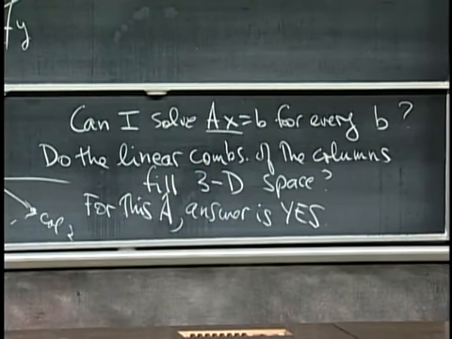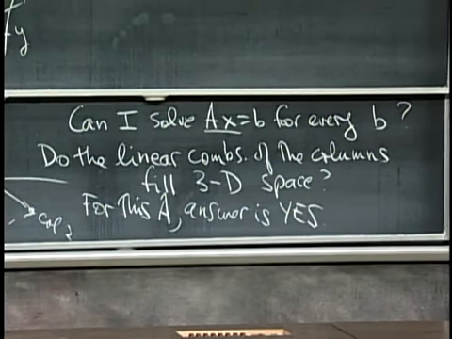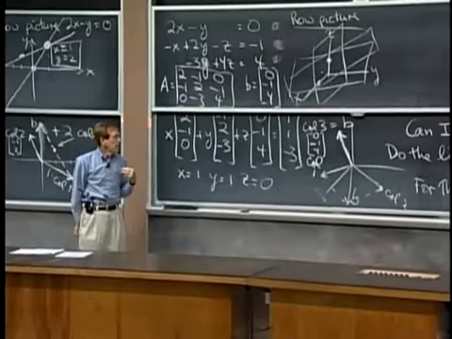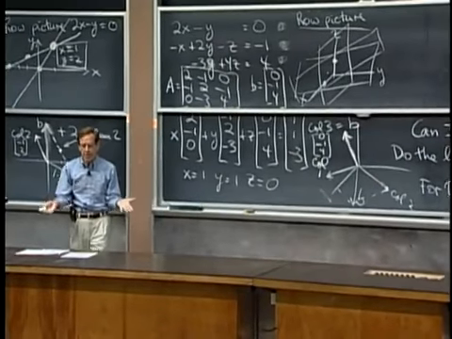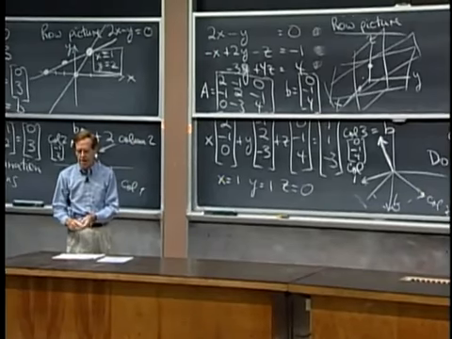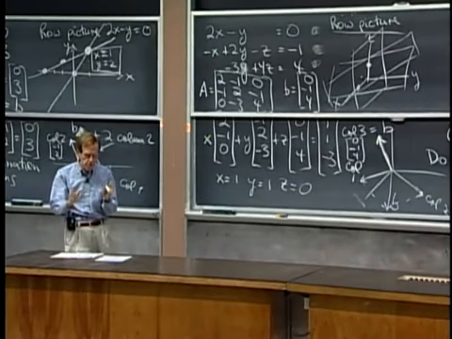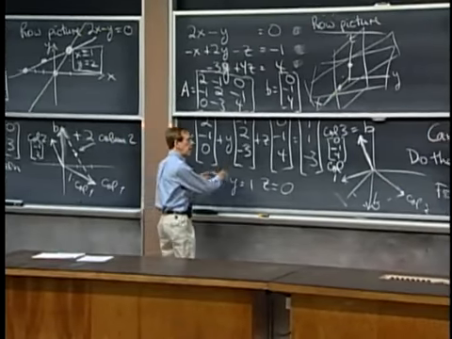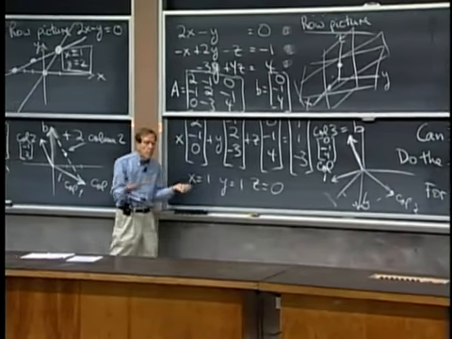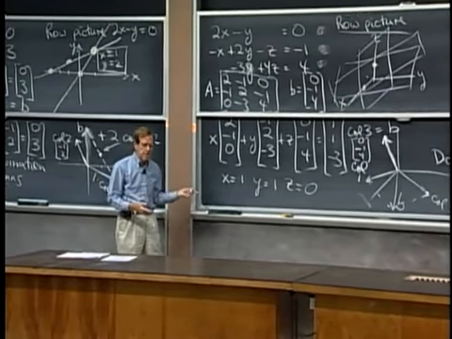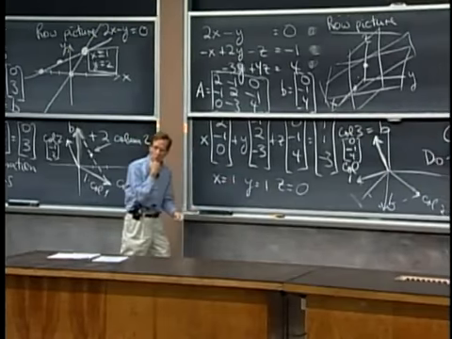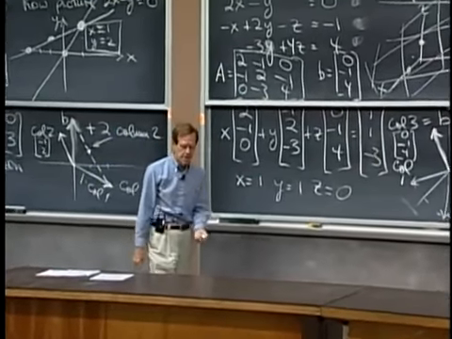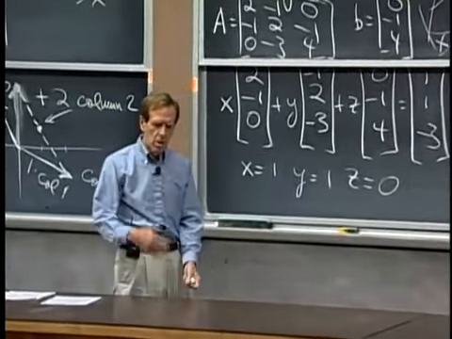This matrix that I chose for an example is a good matrix, a non-singular matrix, an invertible matrix. Those will be the matrices that we like best. There could be other matrices, and we will see them, where the answer becomes no. Actually, you can see when it would become no.